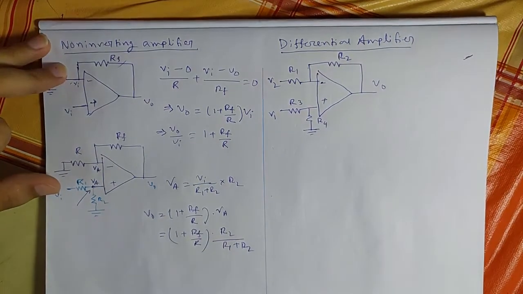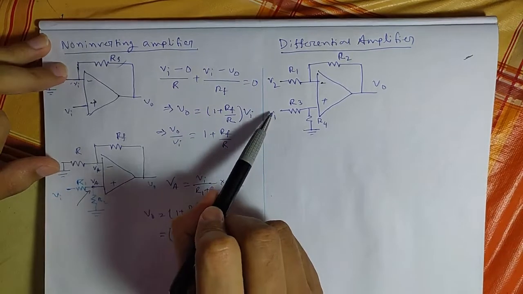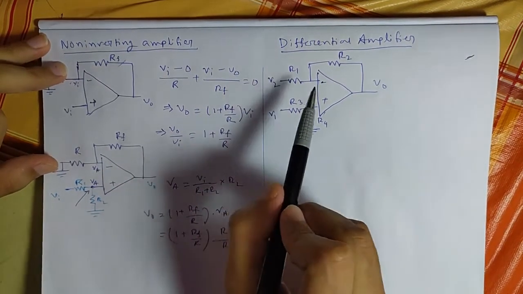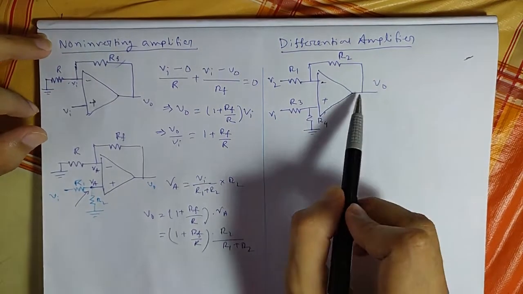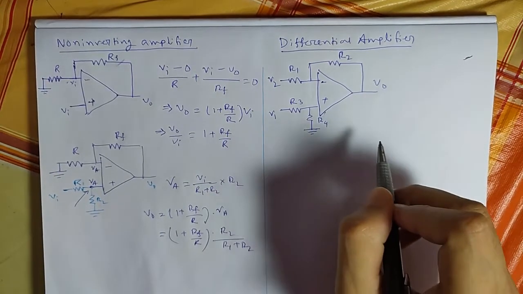So here you can see that you have two inputs. One input is at the inverting terminal, another input is at the non-inverting terminal, and output will be taken from here. We need to find out the expression of the output.